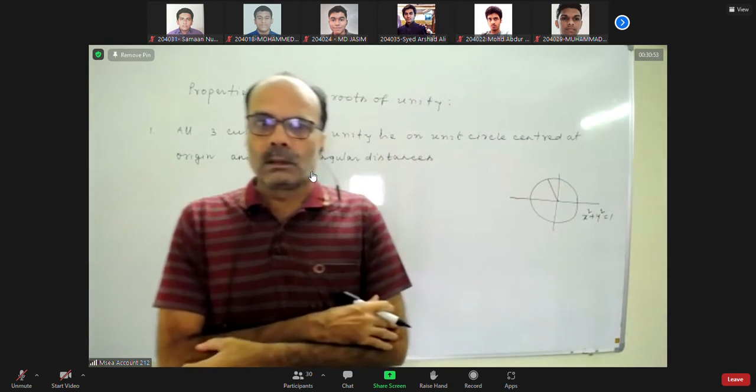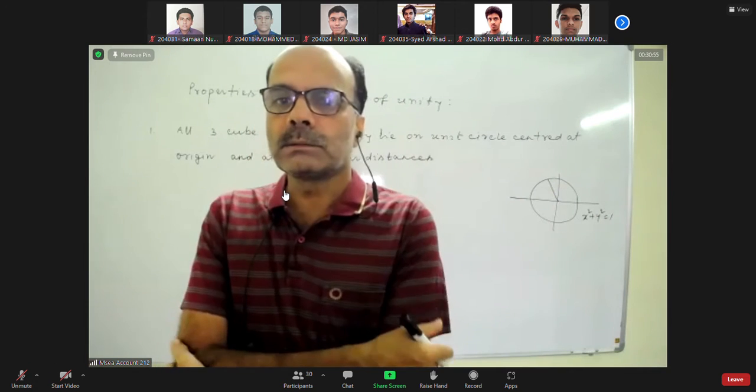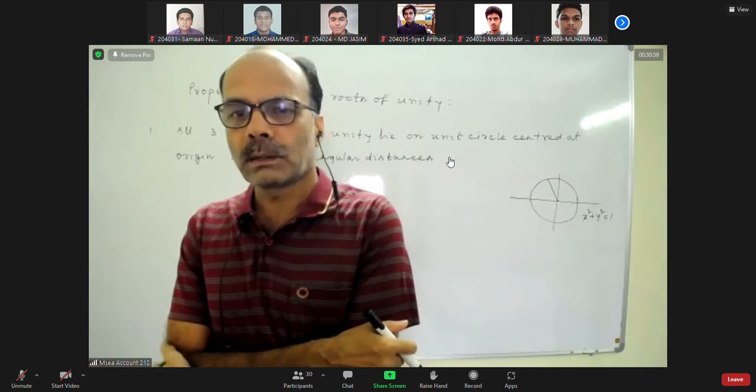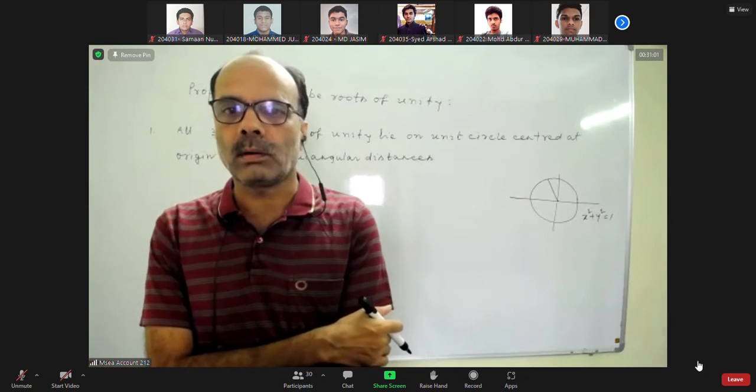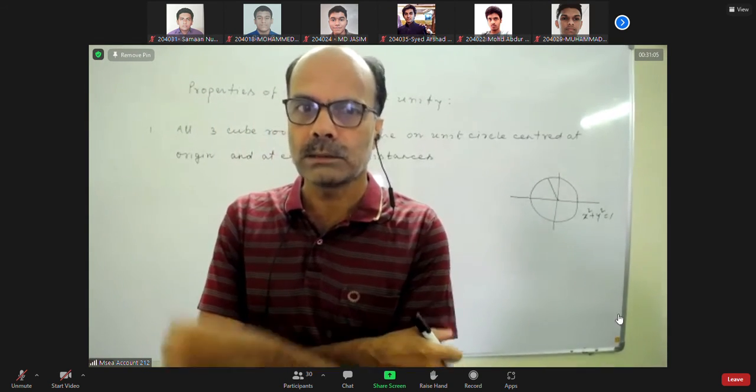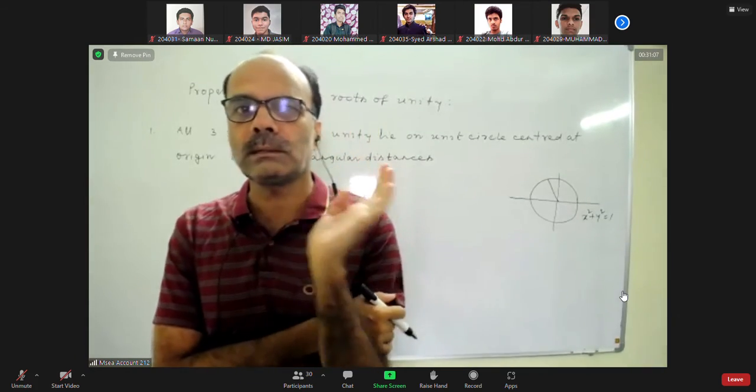Any complex number with magnitude 1 has to lie on this circle. The magnitude of all 3 cube roots of unity is 1.